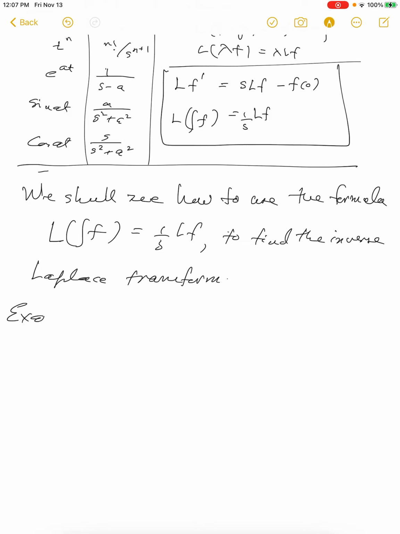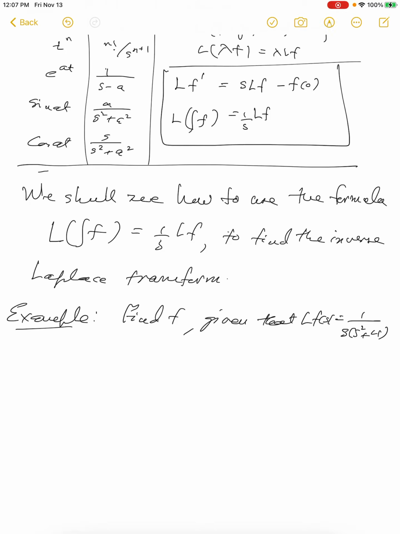So let's do an example. Find f given that lf of s is 1 over s times s square plus 4.